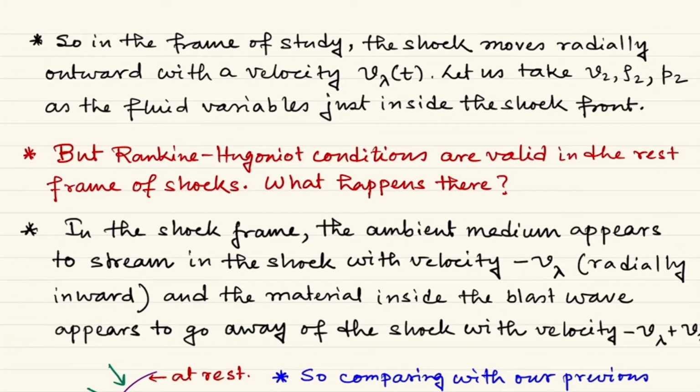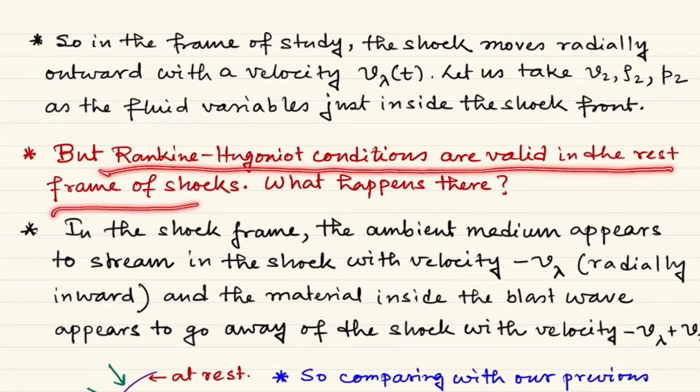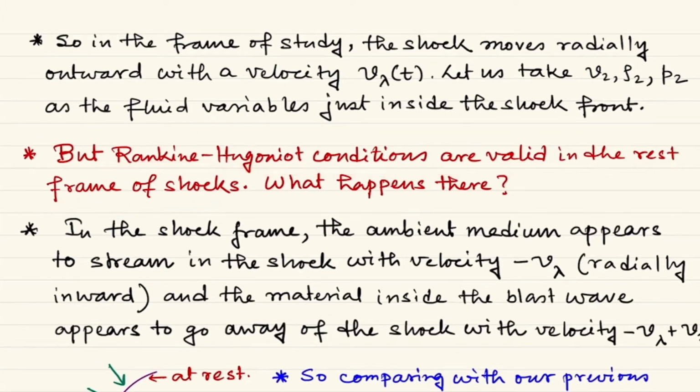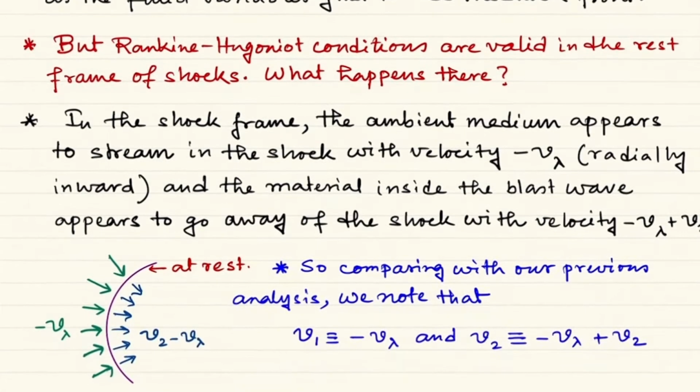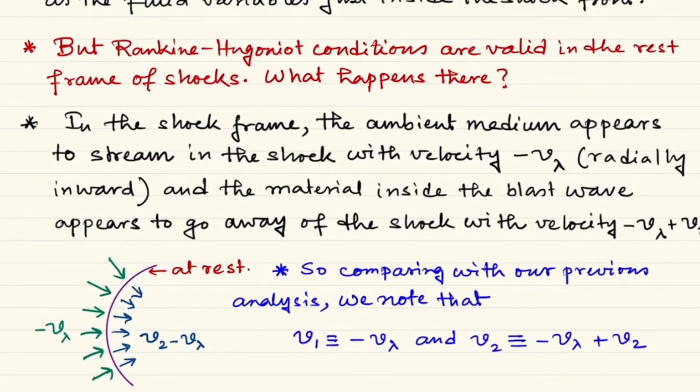Now we have characterized the medium, but now we have to place ourselves in the rest frame of the shock, because if you remember, the Rankine-Hugoniot conditions were only valid in the rest frame of the shock. Then what happens there in the shock frame?